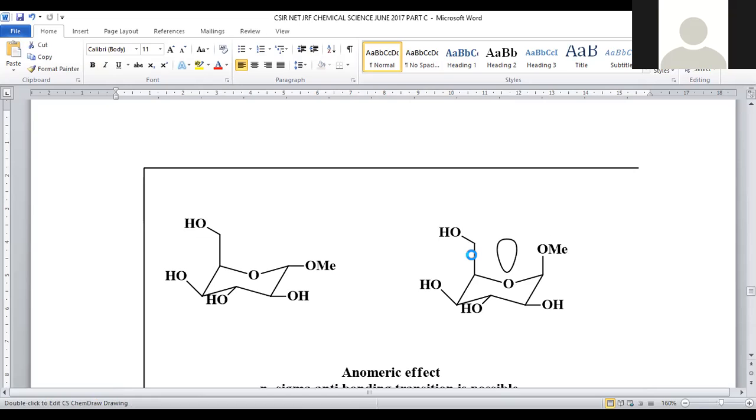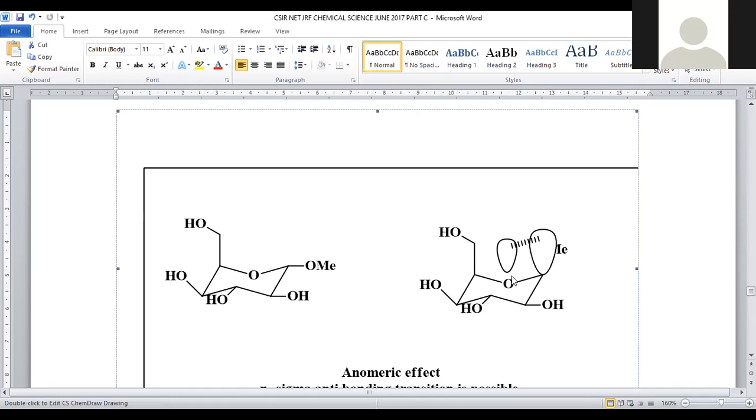There is a linkage between the anomeric carbon and oxygen. Right?